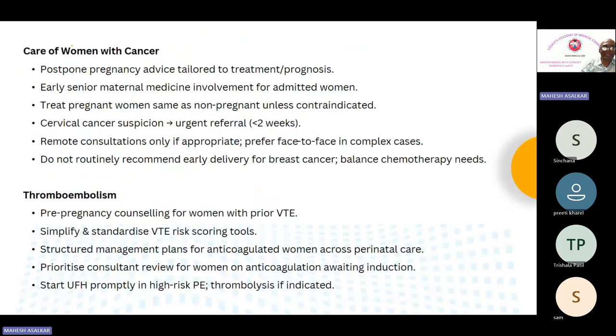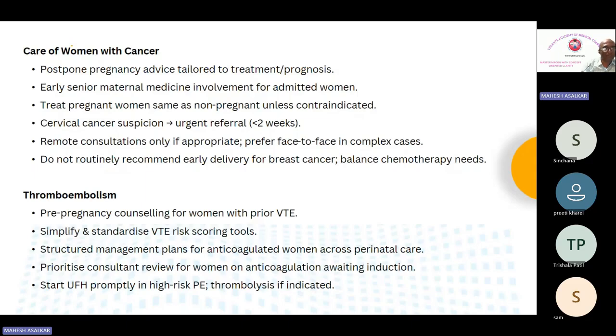Then for the care of women with cancer, pregnancy postponement advice should be tailored to treatment and prognosis. So this should not be uniform. It should be tailored to the treatment of that particular patient, that particular stage of the malignancy, and the decision should be taken. Early senior maternal medicine involvement for admitted women.